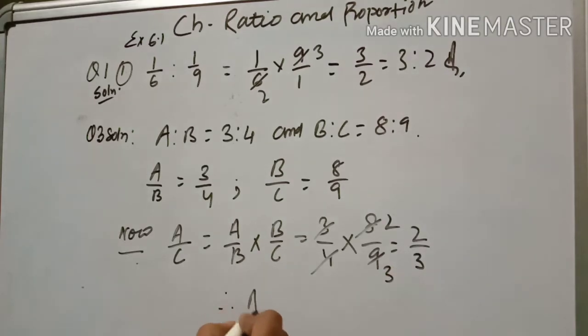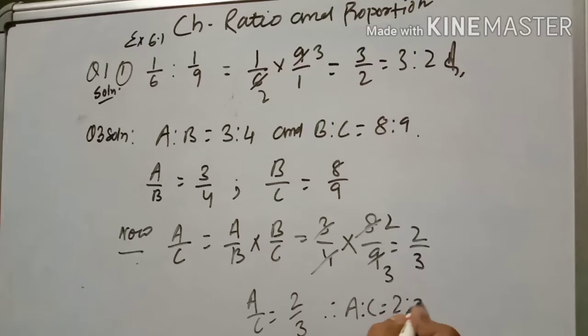Therefore A by C equals 2 by 3, therefore A ratio C equals 2:3. Here you have to find out A ratio C, so you can write A ratio C equals 2:3. This is your required answer.